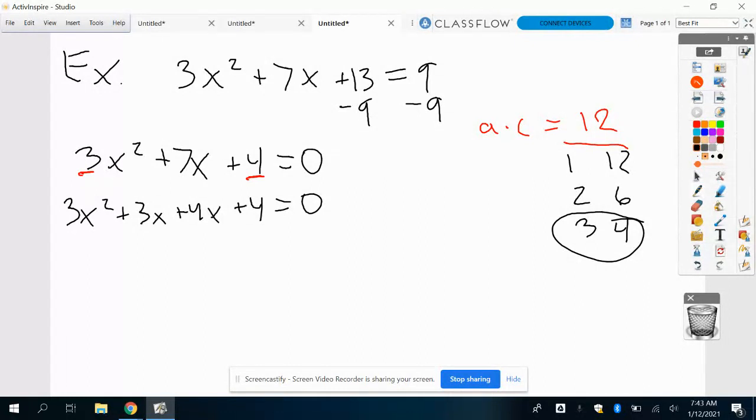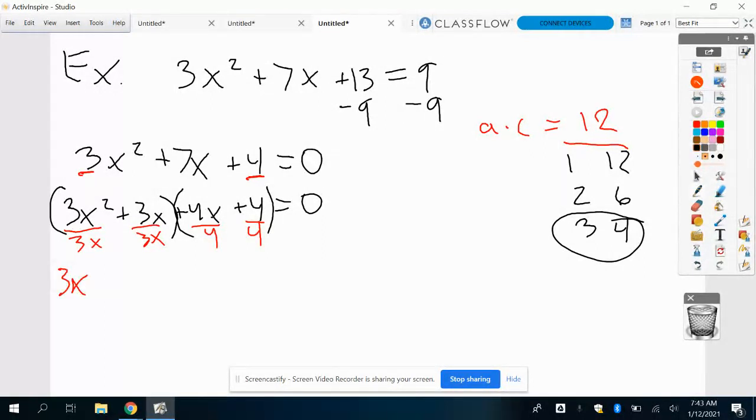Then we want to factor by grouping. So here's our first two terms. Here's our second two terms. The GCF in the first two terms is a 3x. The GCF in the second two terms is a 4. So if you pull out your GCF, we have 3x.